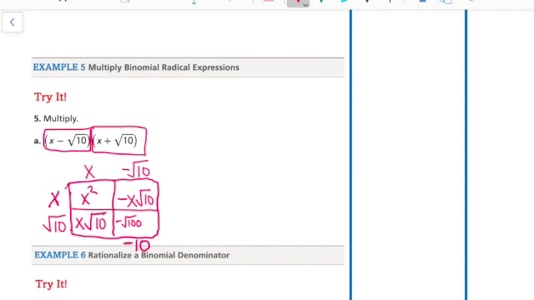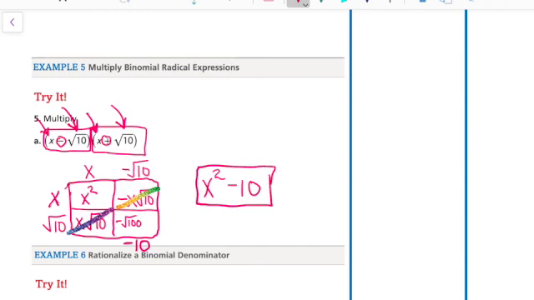All right, clean it up. So what's really nice is if your last numbers are the same and your first numbers are the same, and the only difference is the sign in the middle, you're going to get something decently pretty. Here's what I mean by that. I have x squared. This is going to cancel because it's the positive and negative of something, so that's just 0 minus 10.